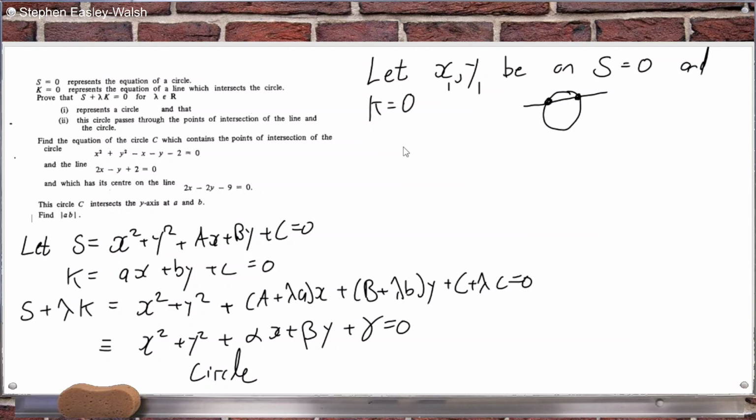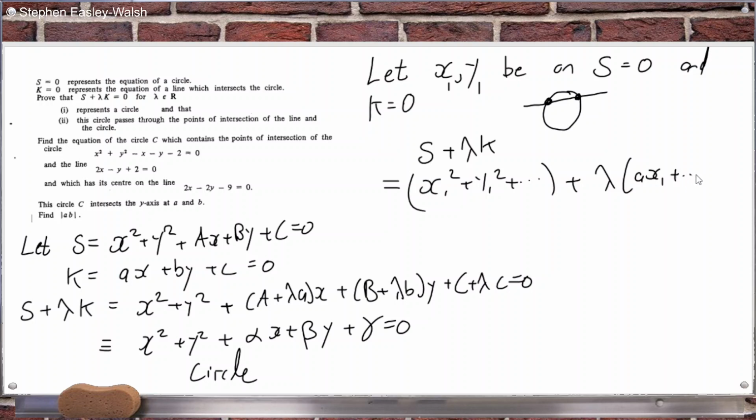So if we calculate it, it's S plus lambda K. It just seems pretty obvious, because if you sub x1, y1 into S, you get x1 squared plus y1 squared, etc., and if you sub it into K, you get ax1 plus by1, etc. But we know that this equals 0 and this equals 0, so the total equals 0.